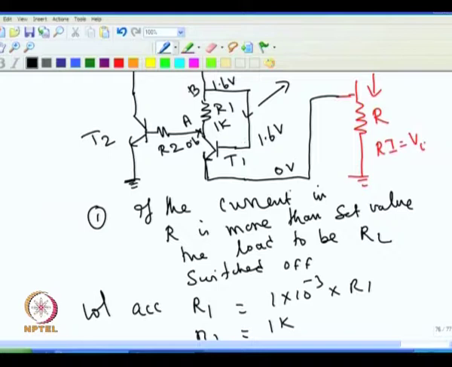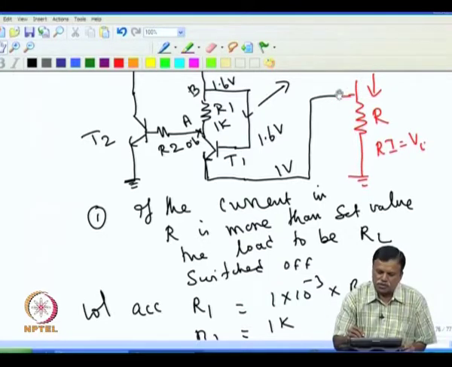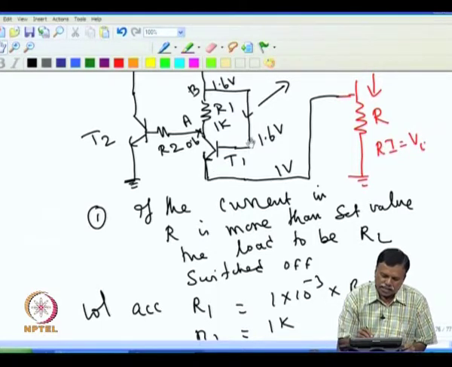The base at 1.6 means the emitter must be at 1 volt. Only when the emitter of T1 goes to 1 volt, or the current flowing through this produces 1 volt here, then the 1 volt will become 1.6 here, that will become 0.6 here, and the transistor will be switched on.